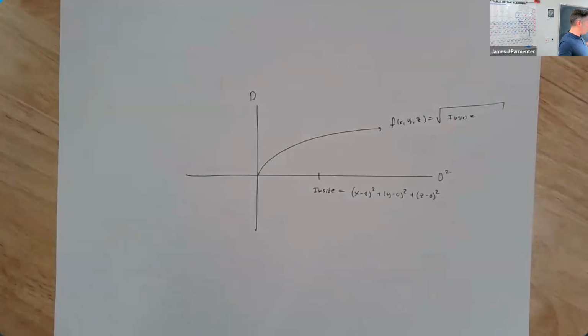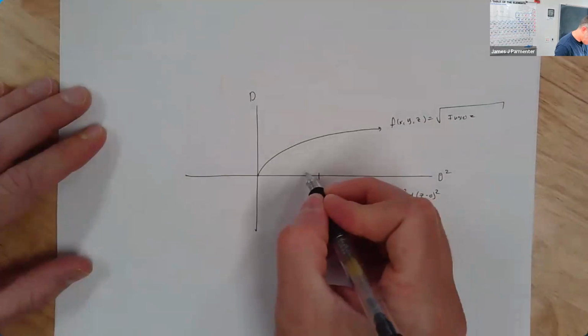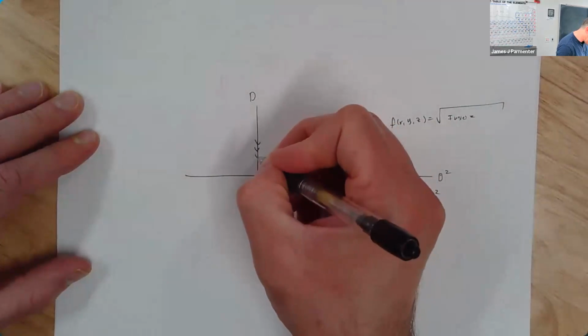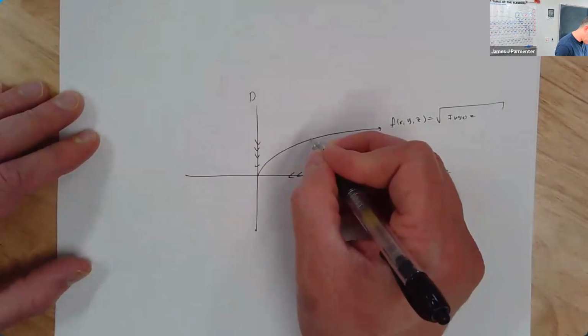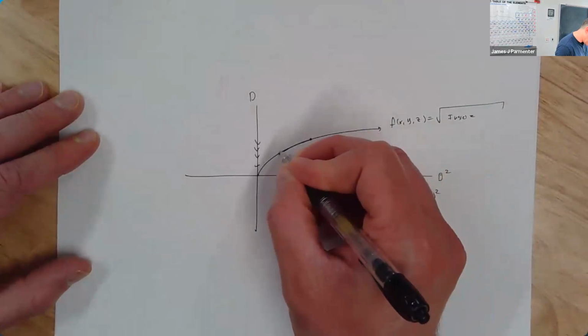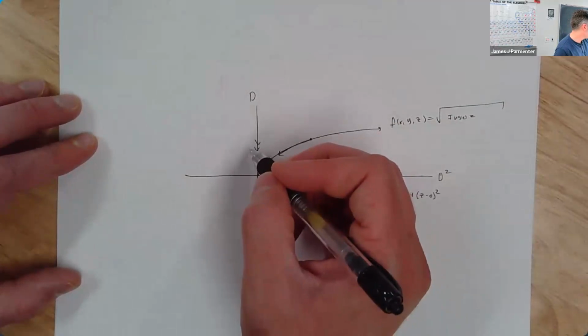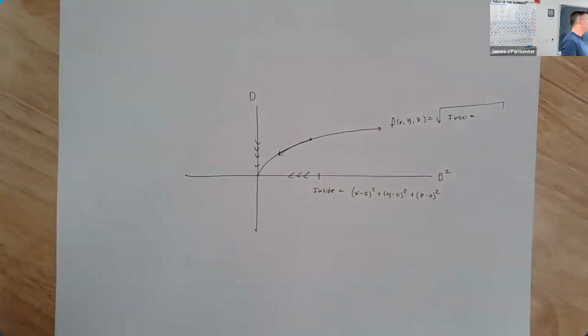And that's what the square root function looks like, right? It goes up like that. So if I make my insides as small as possible, I make the output as small as possible. If I start here and I go this way, making whatever I'm taking the square root of smaller makes the square root smaller. Square root's an increasing function. So if you make the inside bigger, you make the output bigger; make the inside smaller, make the output smaller.